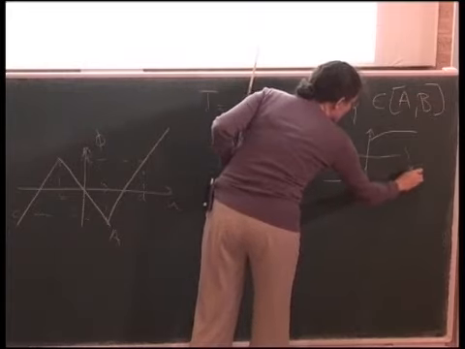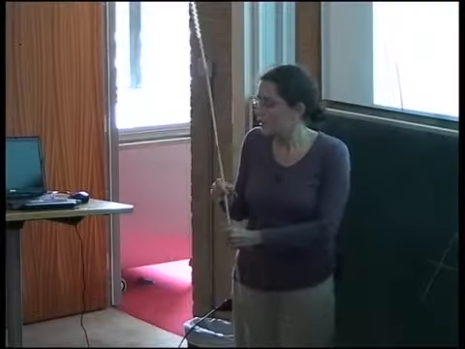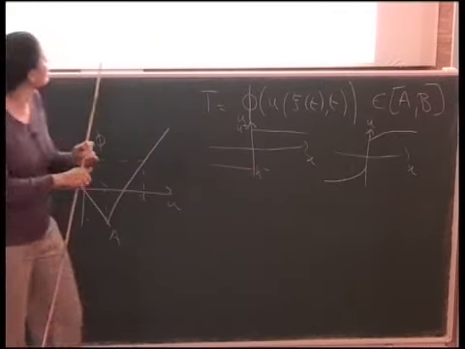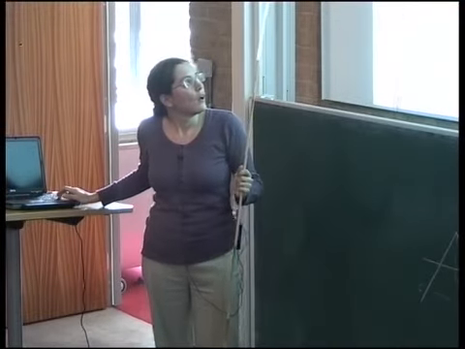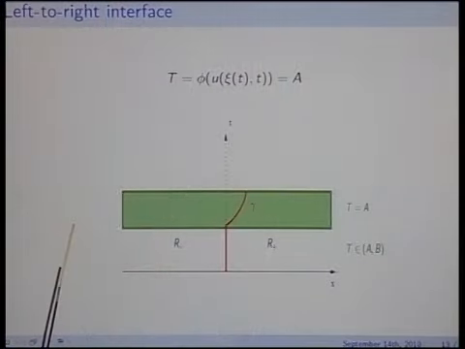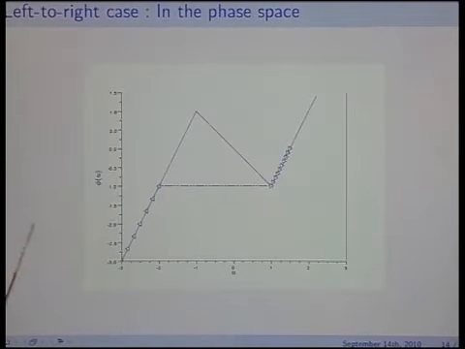So this is in the x, u plane, meaning that if you look at phi of u, they will connect, and they will connect at precisely this value of phi of u. The second case, if t is equal to a, then the interface moves to the right. It means that if you start from too far in the left-hand phase, then you will go to the limiting state.